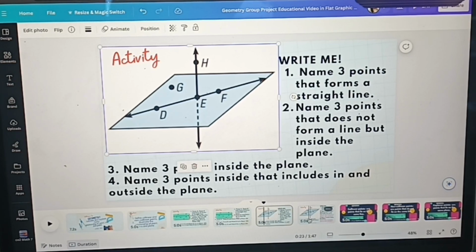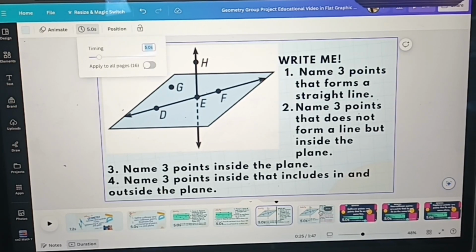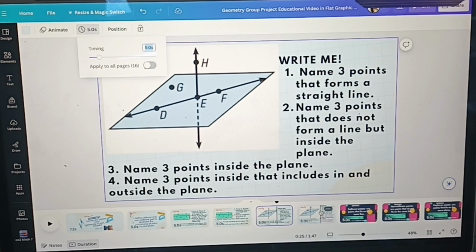Number 3, name 3 points inside the plane. You are going to give me 3 points inside the plane. Number 4, name 3 points that include points inside and outside the plane.